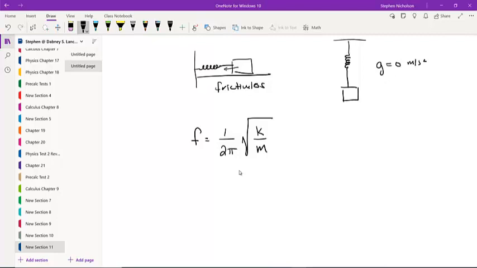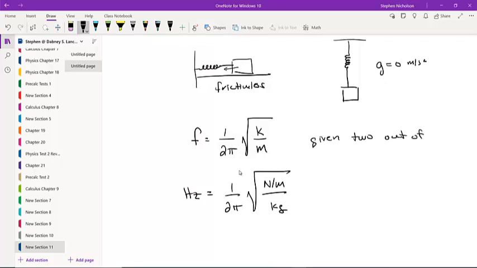The frequency in hertz is equal to 1 over 2 pi times the square root of k over m. k is in newtons per meter, mass is in kilograms. They end up having the same units. So we did a problem in class. Basically, you're given 2 out of 3 values. Calculate the third.